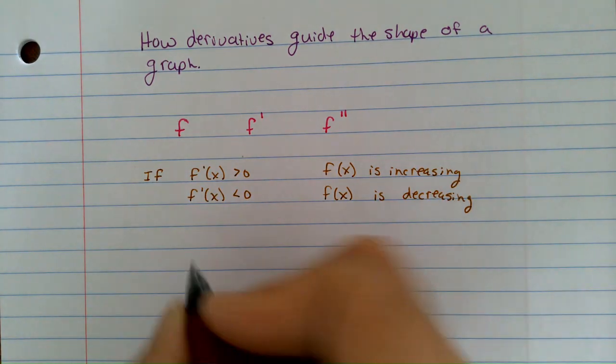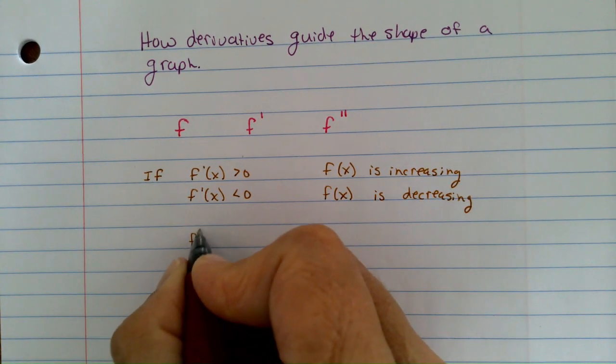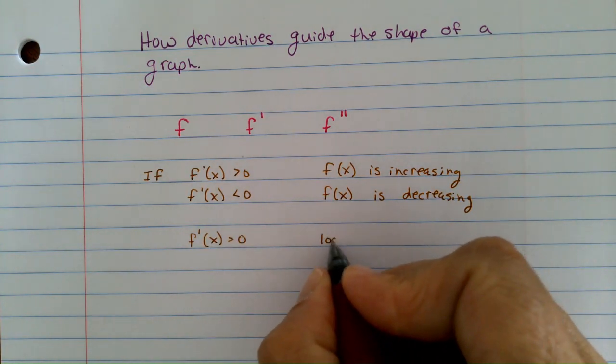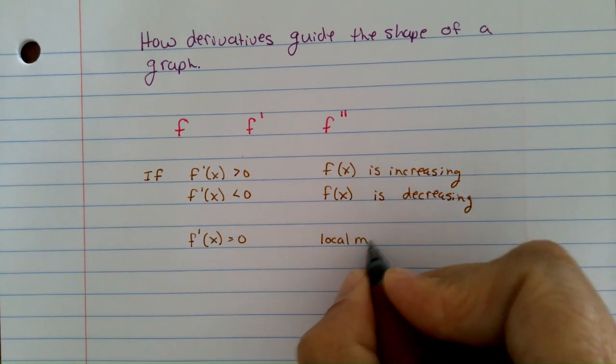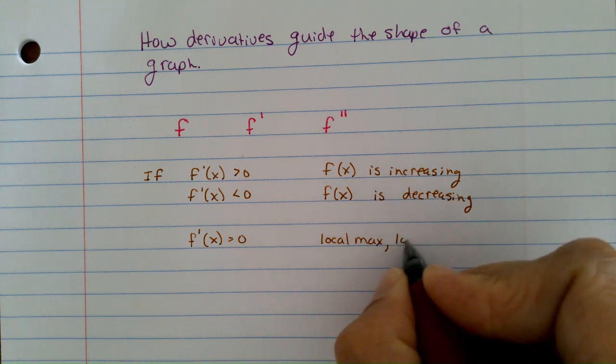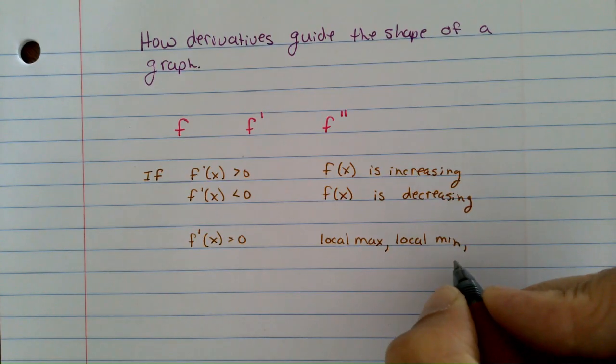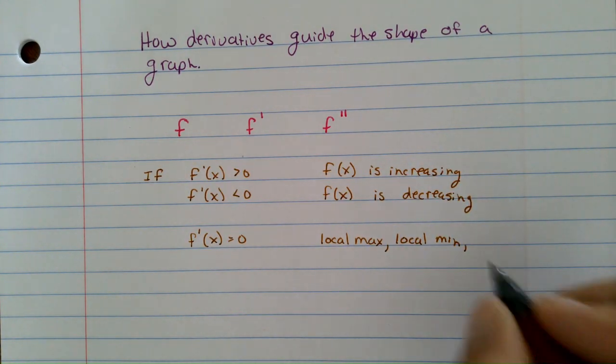Okay, now, if your derivative equals 0, you will have a local max, local min, or you could have an inflection point.